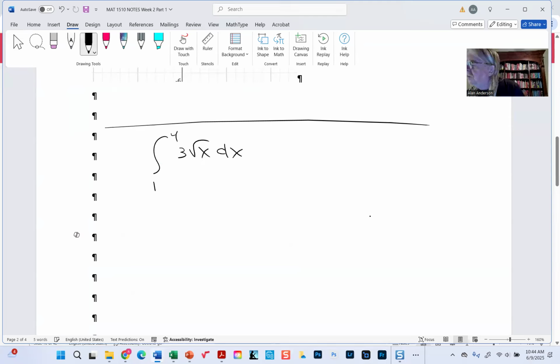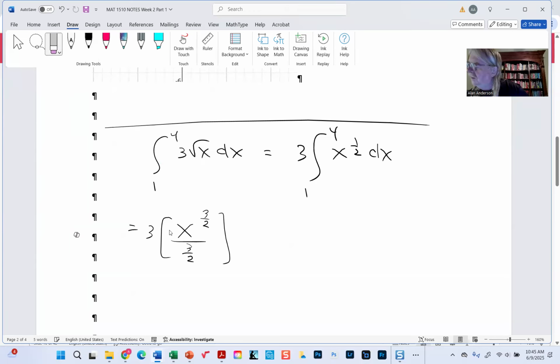And of course, what we should probably do is simplify just a little. Let me write radical x as x to the 1/2 power, and I'm going to evaluate that between the values of 1 and 4.